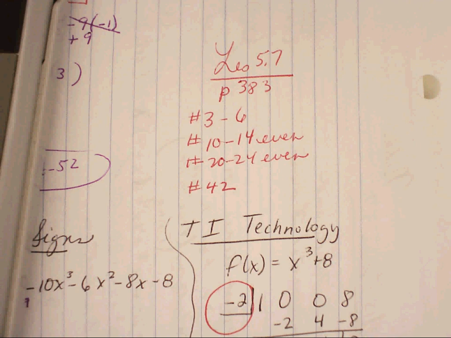So pick number 2. It says, are you left of the 0? I am not. I'm up on the y-axis, so I have to hit my left arrow key till I'm left of it. Enter. Am I right of it? No. So I have to hit the right arrow key till I'm what? Right of that -2. And what does it tell me the 0 is? Was I right? So when you do number 42, I'm telling you it's irrational. You're going to get an ugly decimal for the answer for 42.